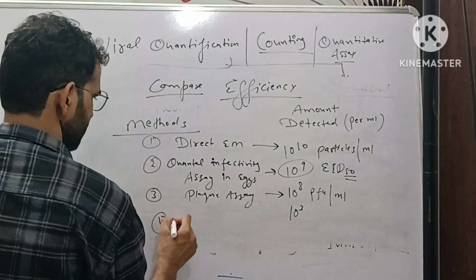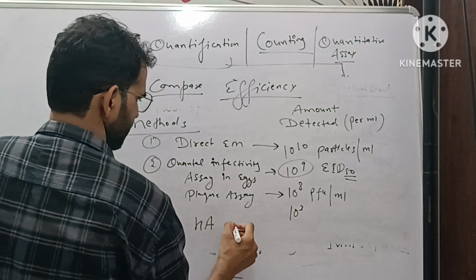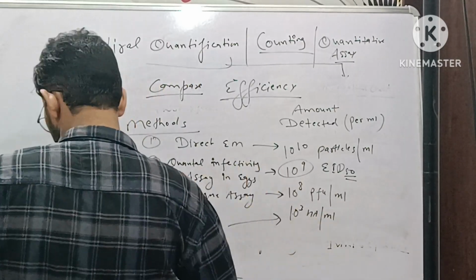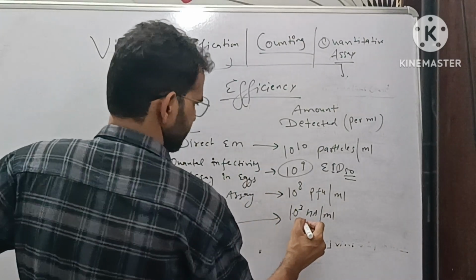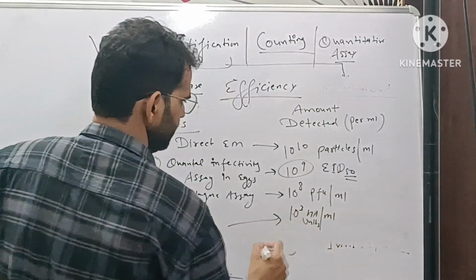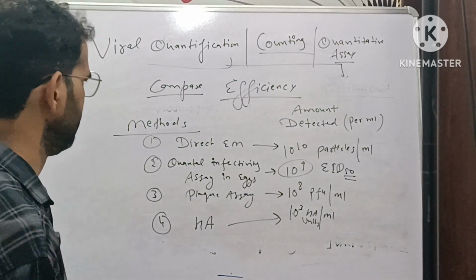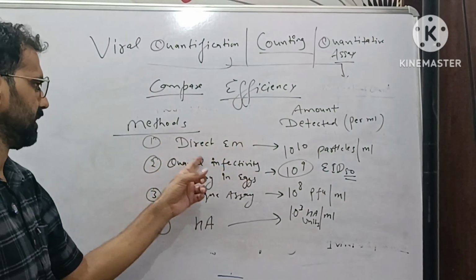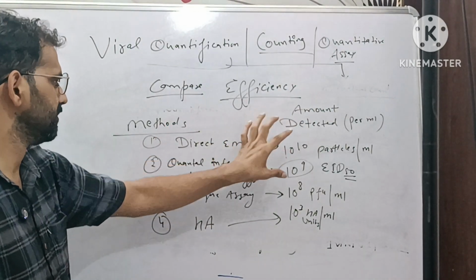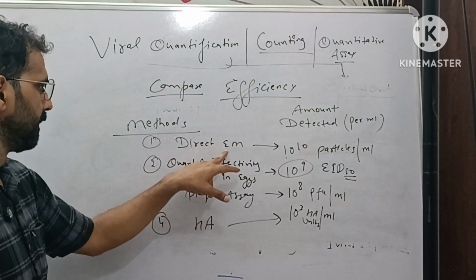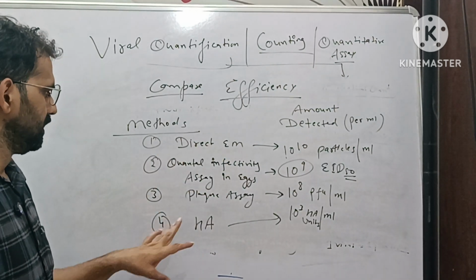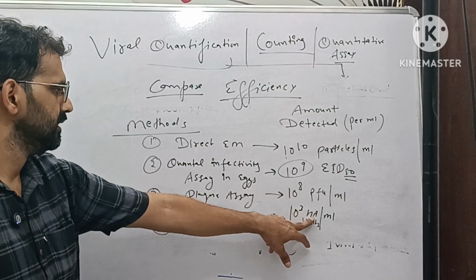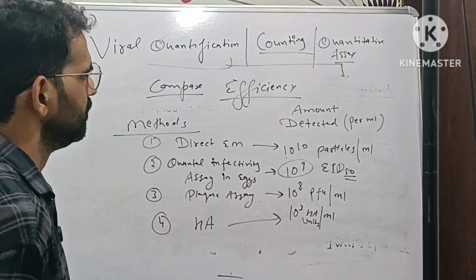And number 4, the least one, is hemagglutination, having 10 to the power 3 HA units per ml. So this is the efficiency of these methods, where direct electron microscopy is the most efficient but expensive and needs a trained technician, and hemagglutination is the least efficient, detecting 10 to the power 3 units per ml.